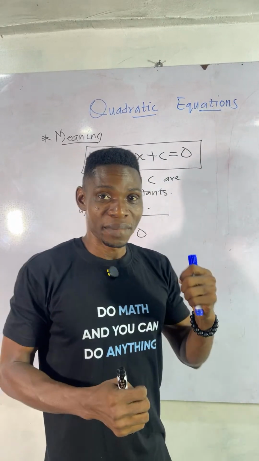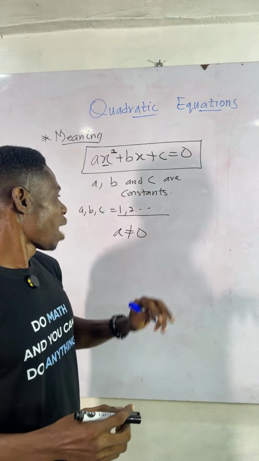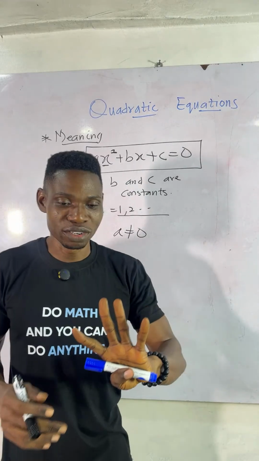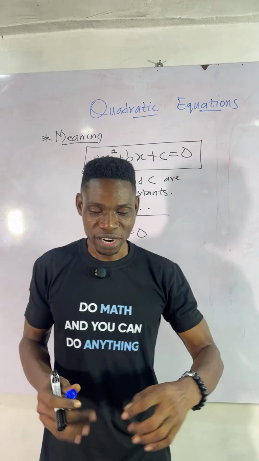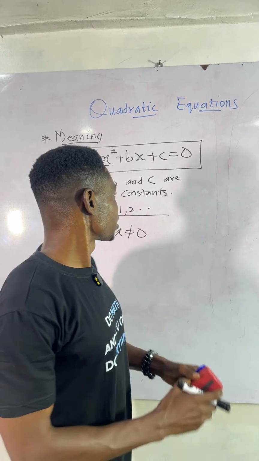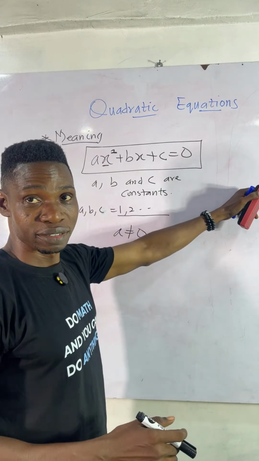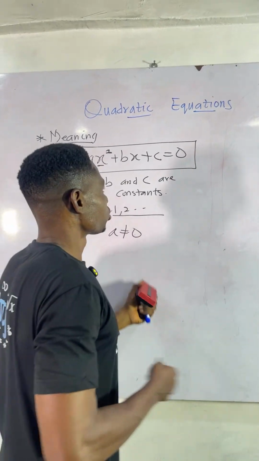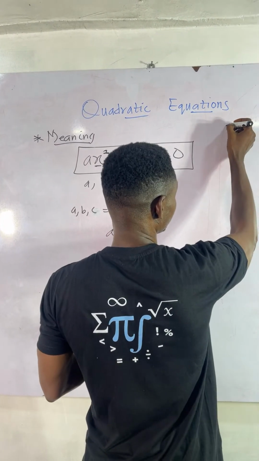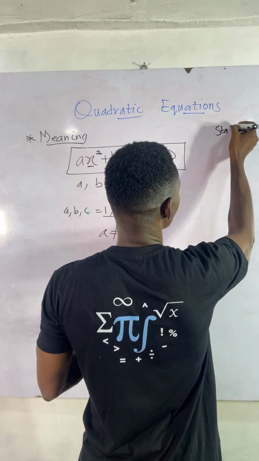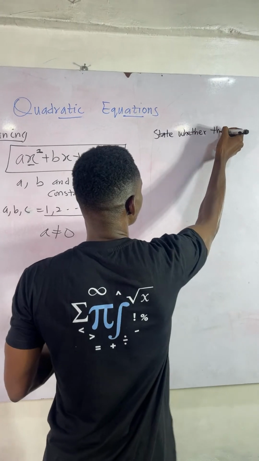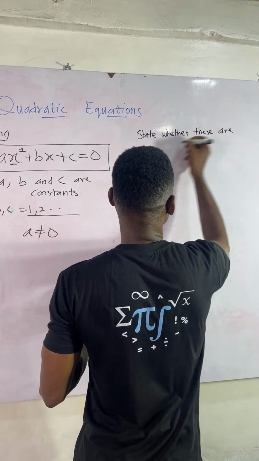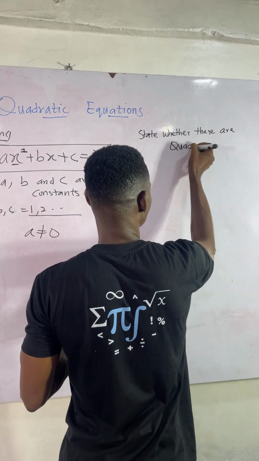Now with this understanding, I'm going to give you 4 questions, or 5. You'll tell me whether or not they are quadratic. State whether these are quadratic.